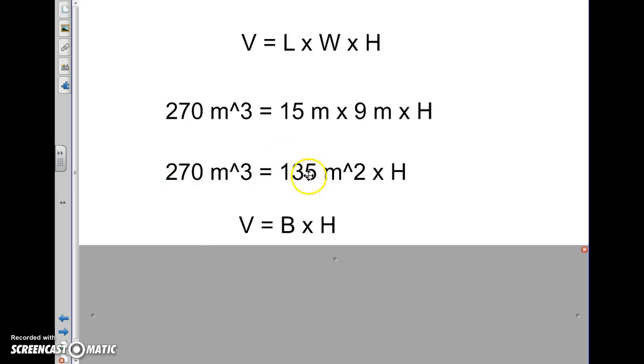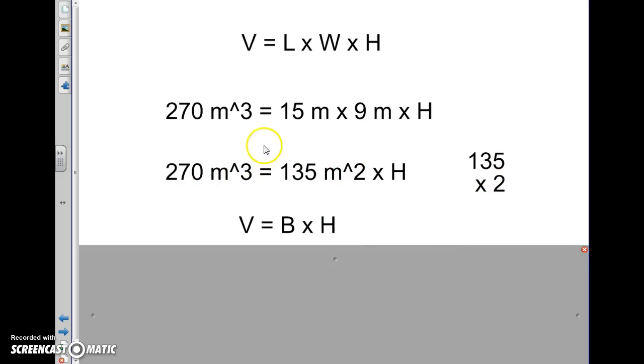Because we're looking at 100 something, and over here we're looking at 200 something, right? Well, if I tried that, and I did 135 times 2, and I used the standard algorithm, I would find that it equaled a total of 270, right?